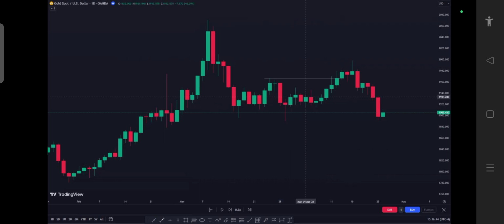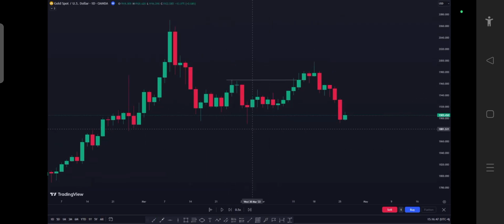Now this liquidity has not been taken out, and we can see this is also a liquidity which was taken out here, and price formed a swing high and an order block too. Price took out a swing low, and the displacement below this swing low shows a willingness that price wants to go deeper.